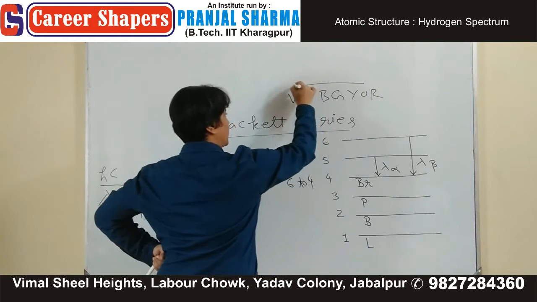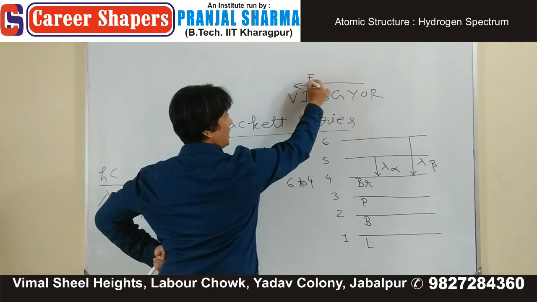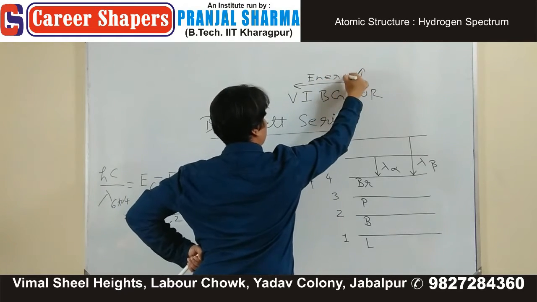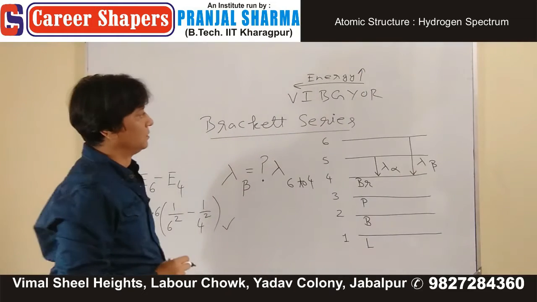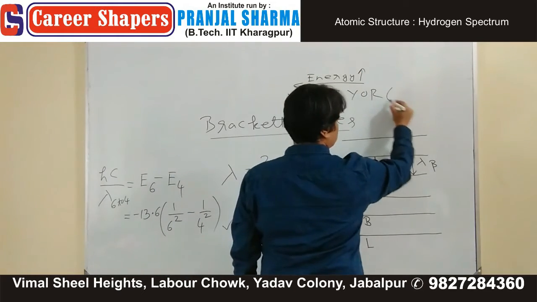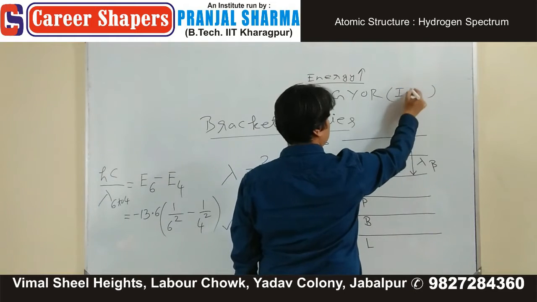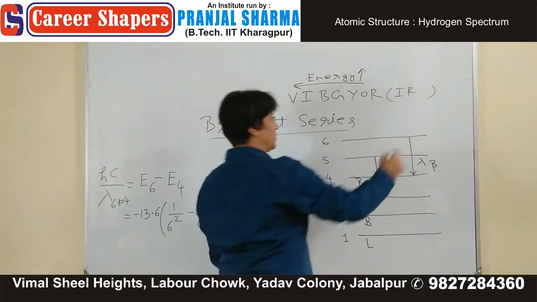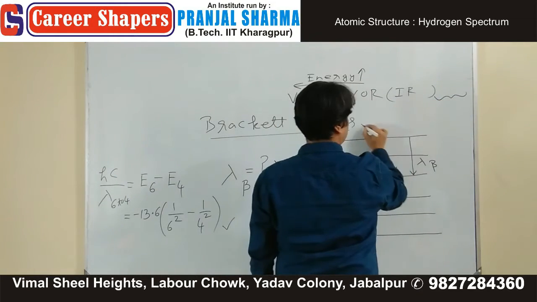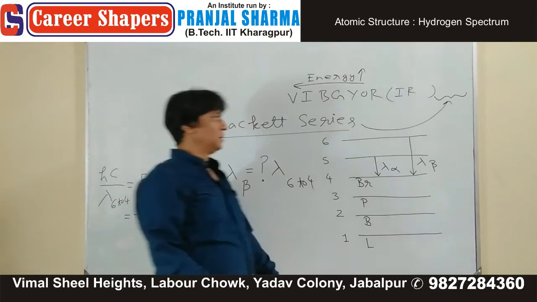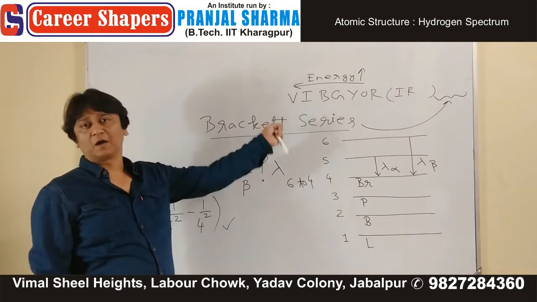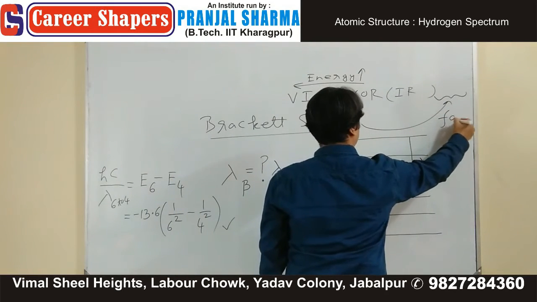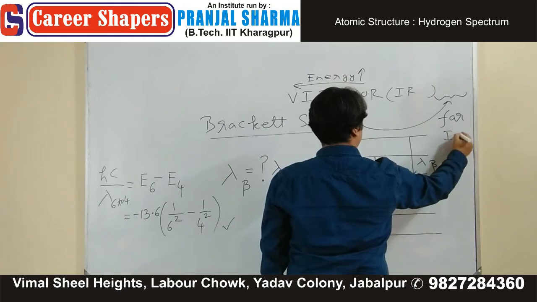As you move in this direction, energy increases. This was infrared. Your Brackett lies over here, which is also called far infrared. This type of region is also called far infrared.